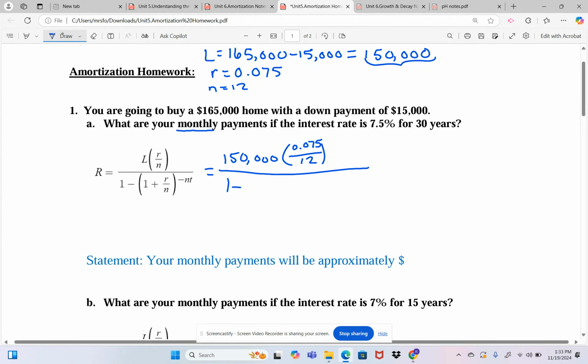Divided by 1 minus 1 plus 0.075 divided by 12 raised to the negative 12 times 30 years. The T is 30. I will have to see where you set it up.